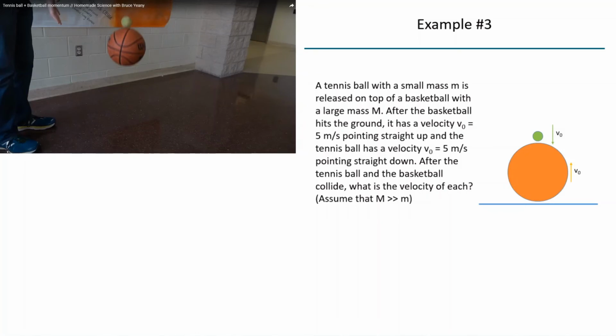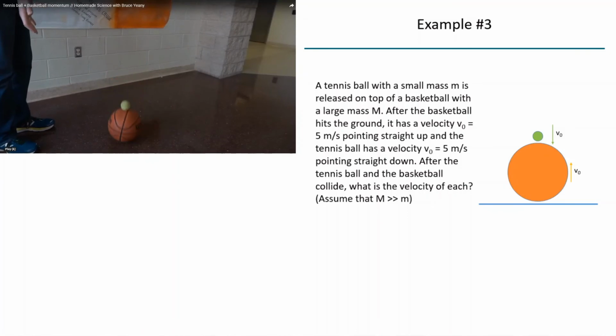Okay, so this is what we're talking about here. I found this video of someone doing this experiment with a tennis ball and a basketball. So you drop them both together, the tennis ball on top of the basketball, and they fall down. The basketball hits the ground here and is going to bounce up. And it's going to hit the ground and bounce up just an instant before the tennis ball hits the top of the basketball.